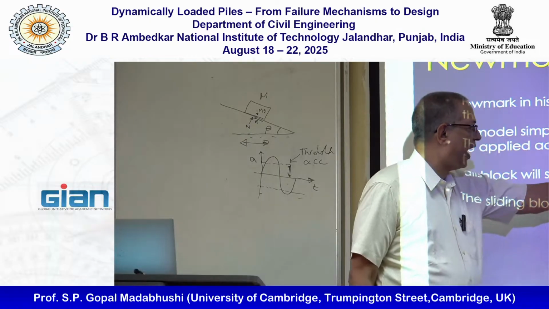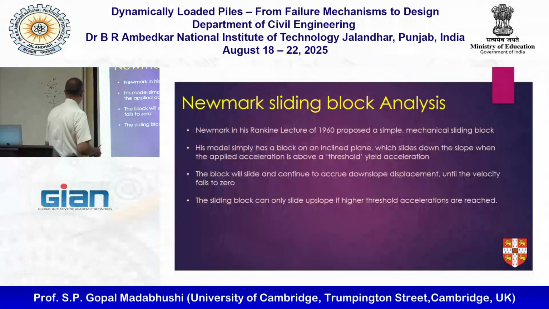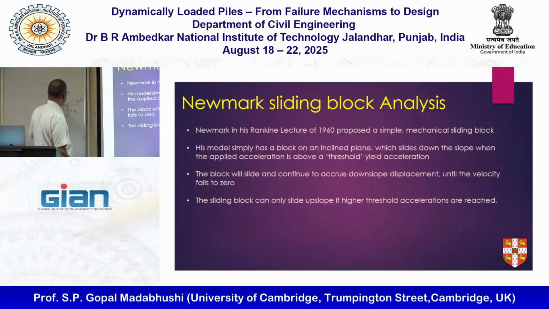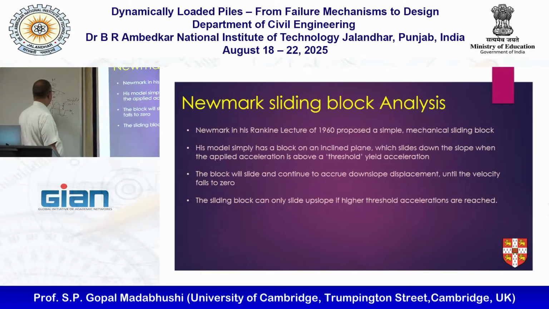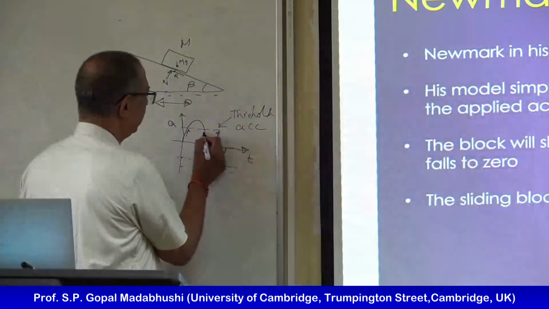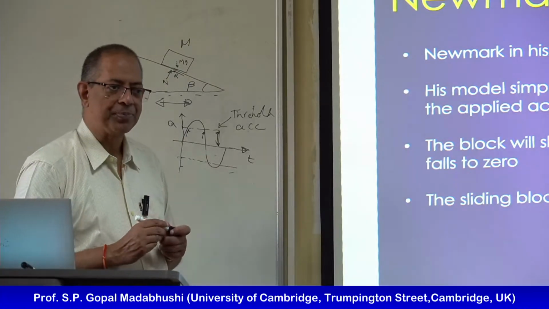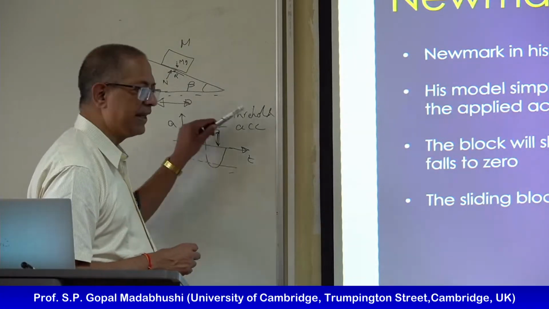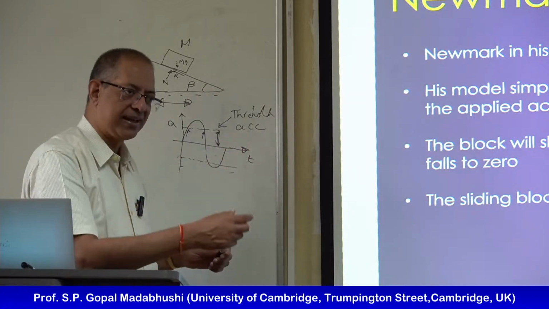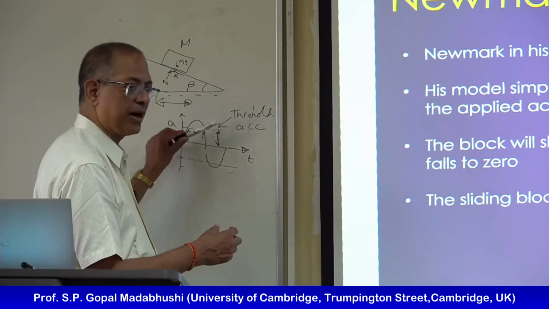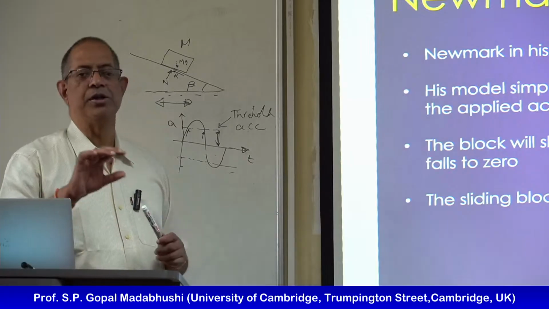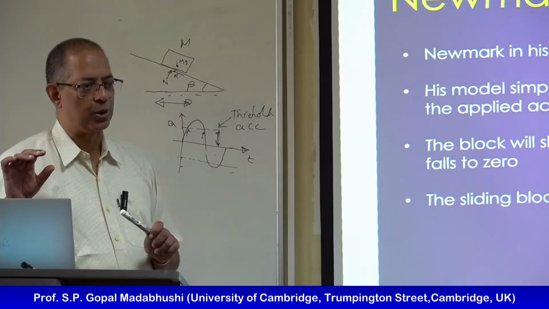If I now have more cycles, what will happen? So during this period, because I'm only looking at one cycle, in that period from here to here, the block will slide. But if I have more cycles, for every cycle, as soon as I cross the threshold acceleration, I'll accrue some more displacement down slope.